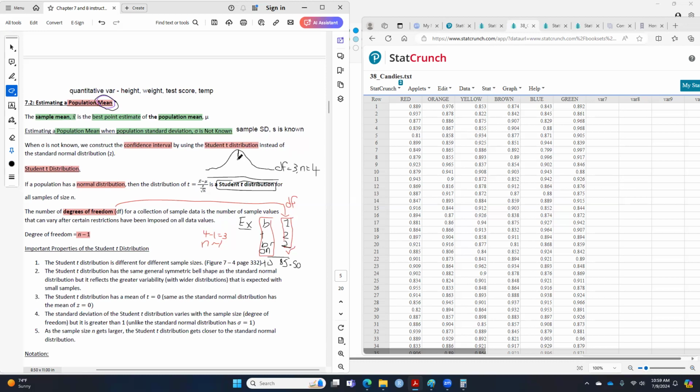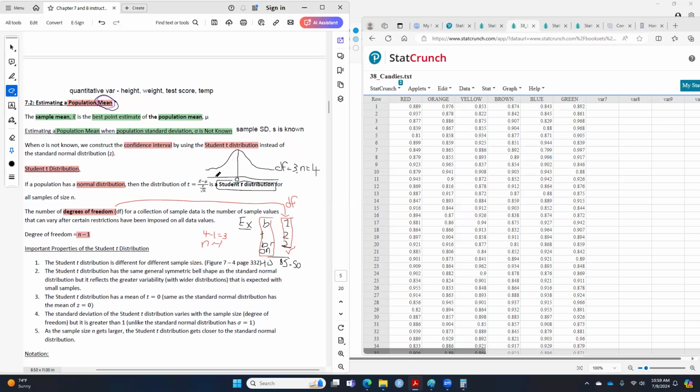So what happens when you look at the t distribution here? You can have a smaller sample size, like 4, not following CLT here. And you find that when you have a smaller sample size, or your degree of freedom is small, the tail on the end part is a little bit thicker.